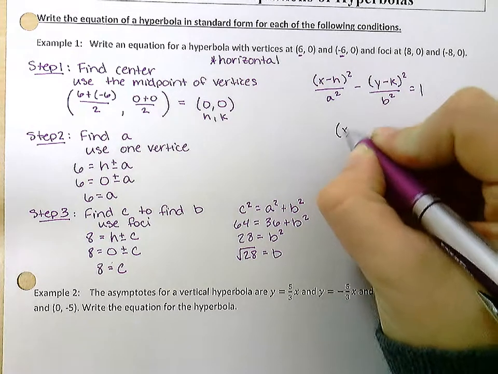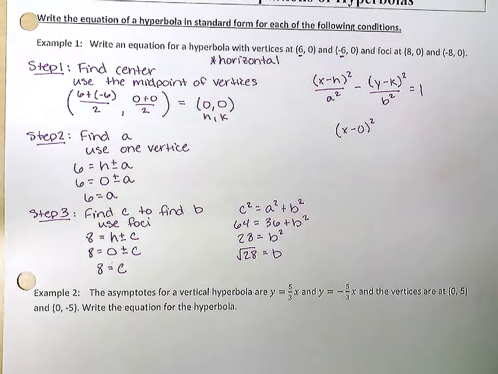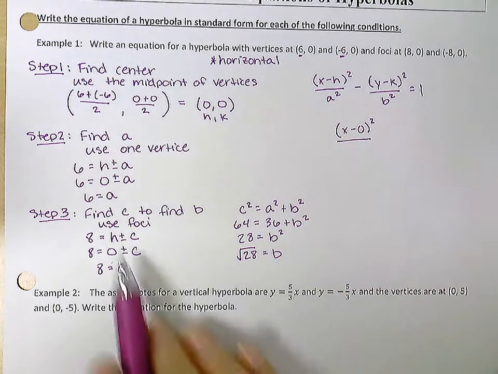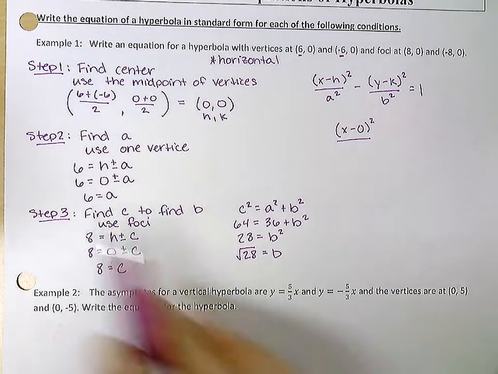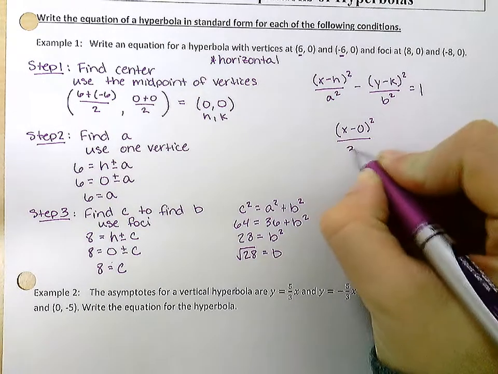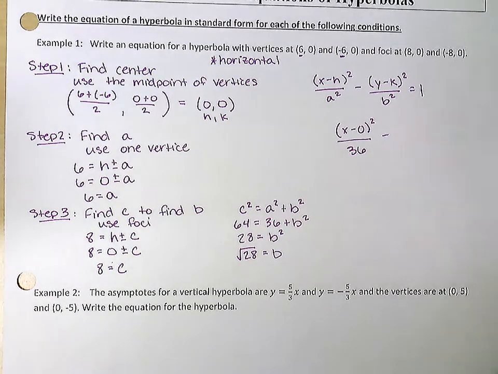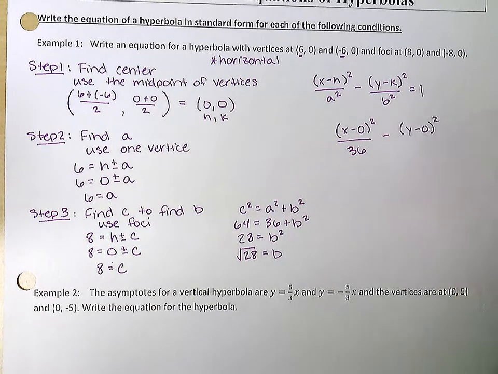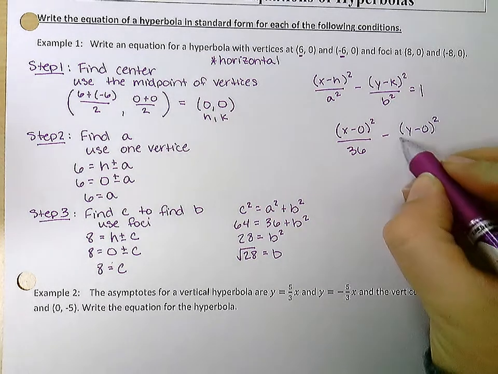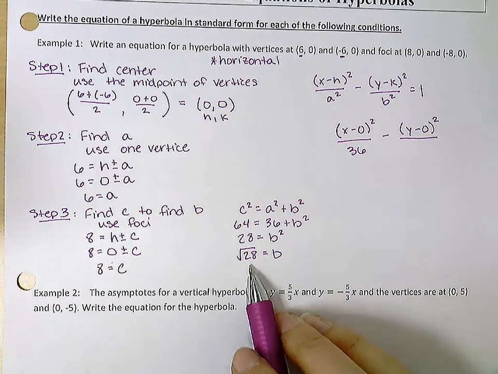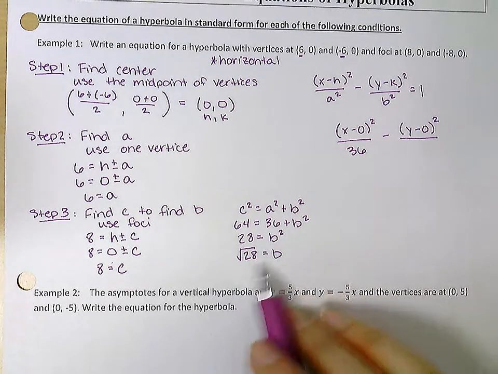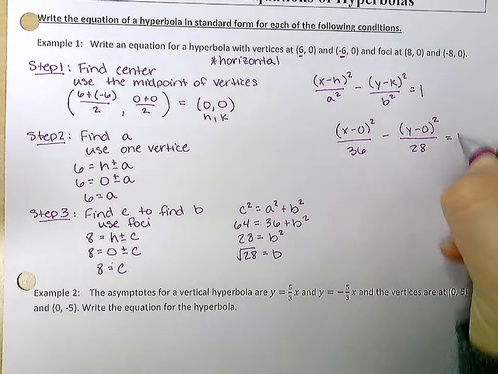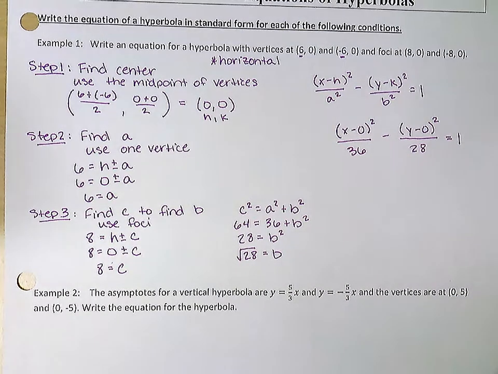So I can write this as x minus 0 squared, since h is 0, over our a squared value, so a was 6, so square 6 to get 36, minus y minus k was 0, that quantity squared, over our b squared value, so squaring that square root just leaves us with 28, and then that has to equal 1.